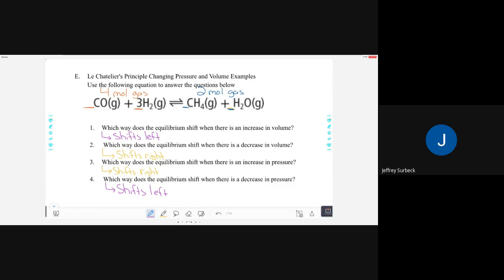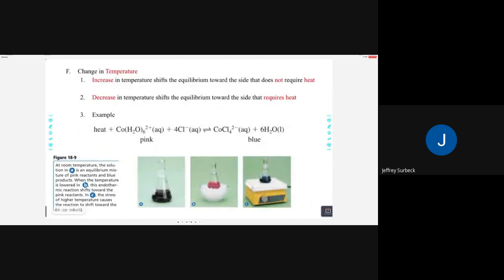All right. Here we go. Our last set of rules, change in temperature. Now, temperature or heat, we can't really technically view it as a reactant or product, but for this process, we're going to add it either as a reactant or product. So if an equation is endothermic, aka delta H is a positive value, heat is a reactant.